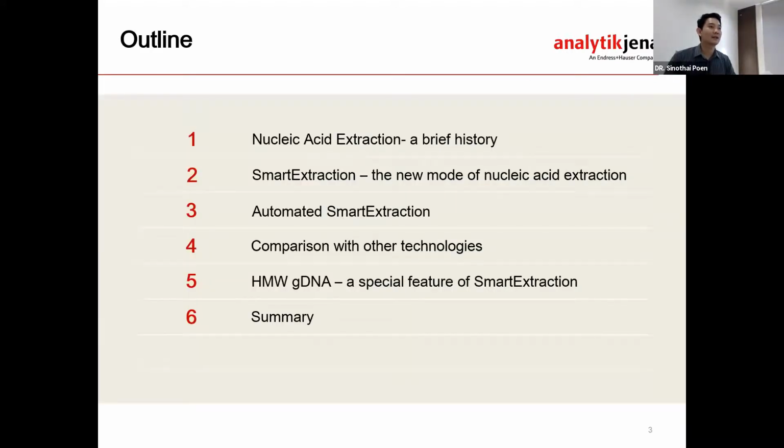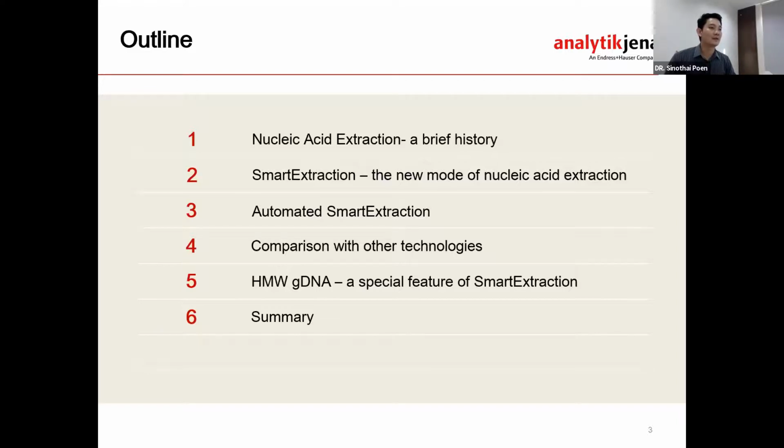Today, I would like to talk about these topics. First, I want to walk you through a brief history of nucleic acid extraction, and then I want to introduce you the SmartExtraction, which is our latest extraction technology.